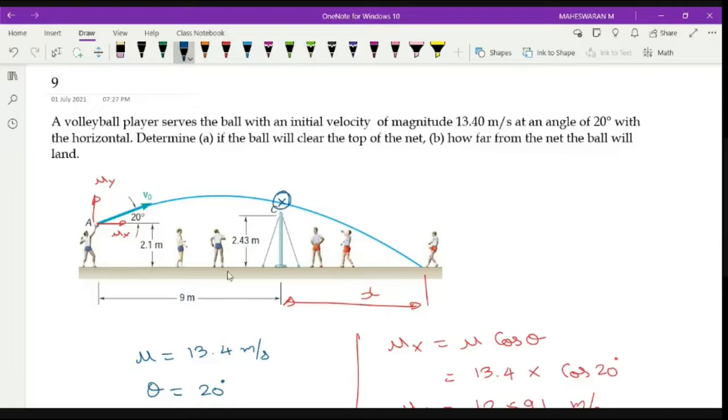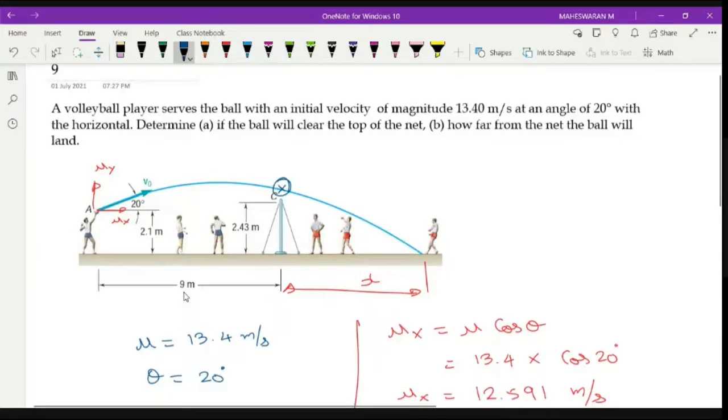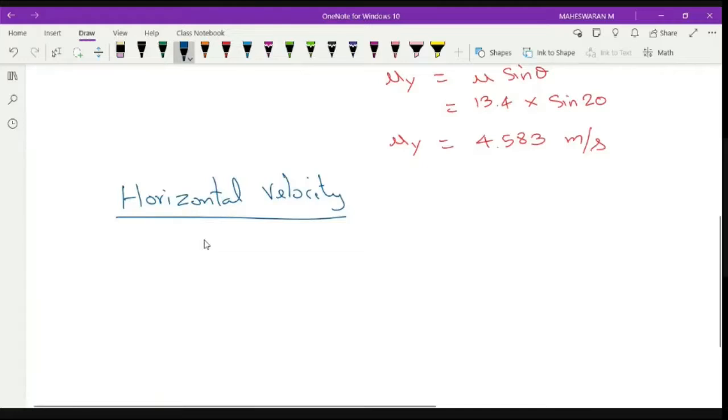So since I want this position, my x value is this one, which is 9. Okay. So I'm going to use the formula x is equal to ux into t.